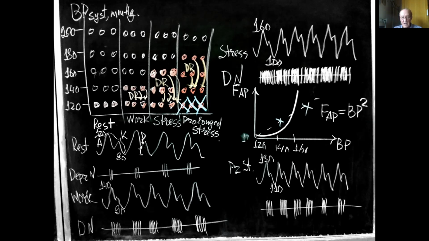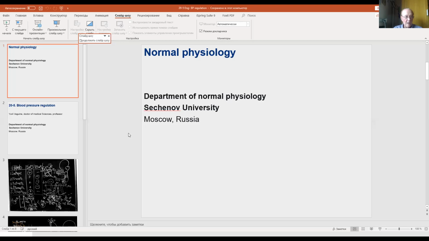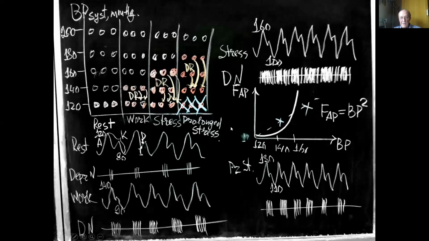But what we will see, sorry, one moment. What we will see with the picture of the nerve impulses in the depressor nerve. This is the emotional stress. The pressure is equal to 160 and 100 millimeters of mercury, and we will see a very high frequency of the action potentials, of the nerve impulses.